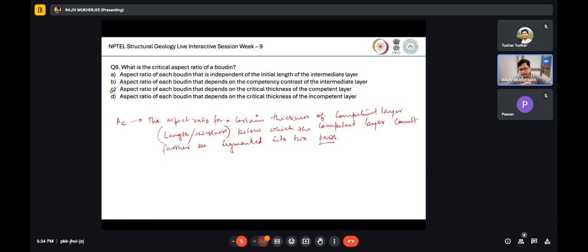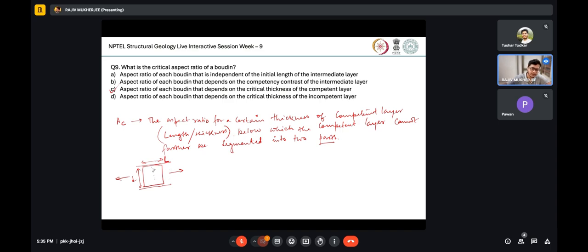I mean, if this is the thickness D and this is the length L of a Boudin, for example, of a competent layer, and we are applying the tensile stress parallel to the length of the given Boudin. So in this case, what would happen?